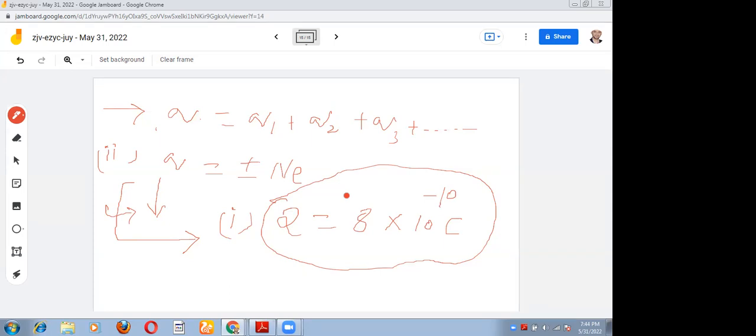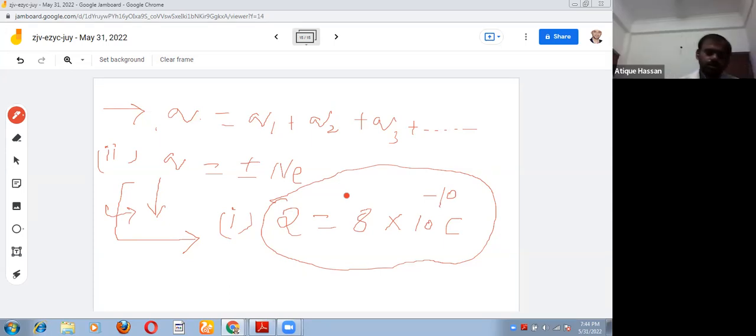Now you have been given that the charge on an object is 8 into 10 to the power minus 10 coulomb. You can write the question. It will be better.